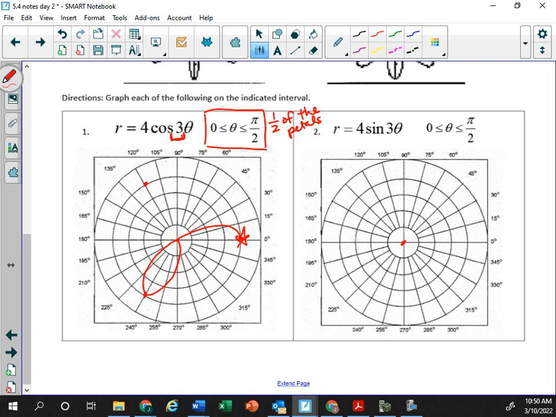If you had made a little table here, and you're like, I don't get where I'm supposed to stop, you'd plug in 0, pi over 3, and pi over 2. That's where you'd get those values.